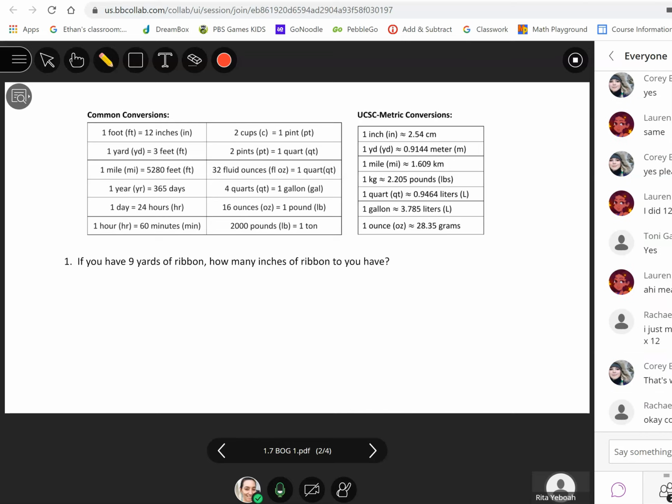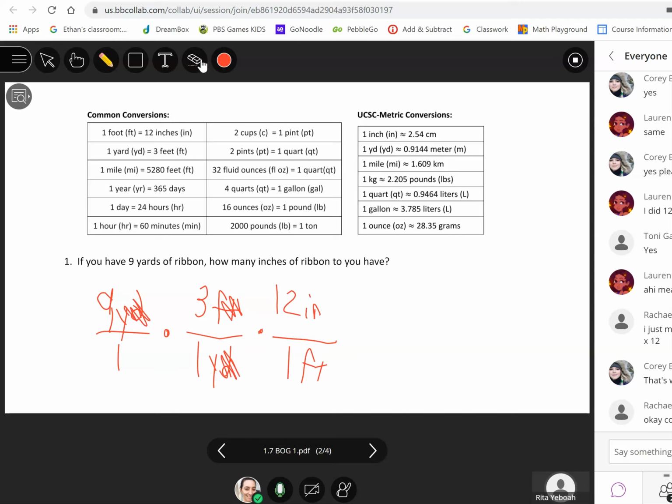Okay. And I know I just erased everything because I forget when I change slides on here, it erases everything. But that's essentially what I did, right? So I had 9 yards, 1 yard cashed in for 3 feet, 1 foot cashed in for 12 inches. My units canceled out. So see how I ended up doing 9 times 3 is 27? And 27 times 12.